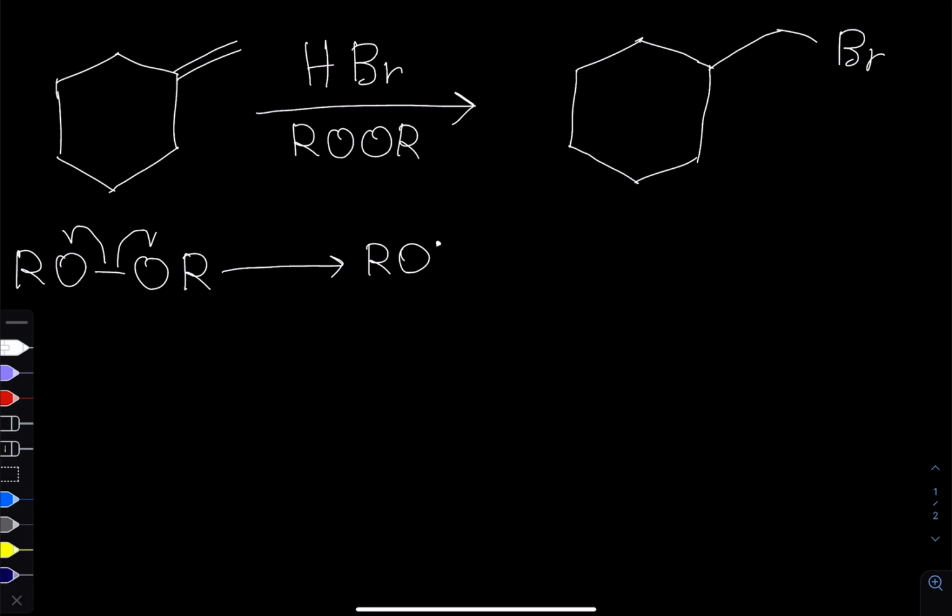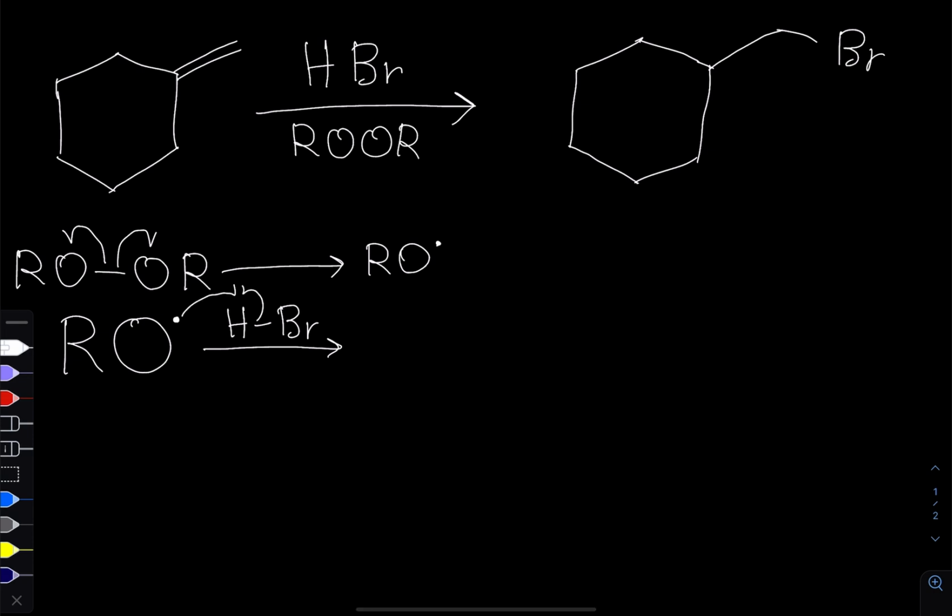Now past this point, you're going to react this with HBr, because there's HBr in the solution. And this is going to basically come together with one of the electrons, and one electron is going to go to the bromine.